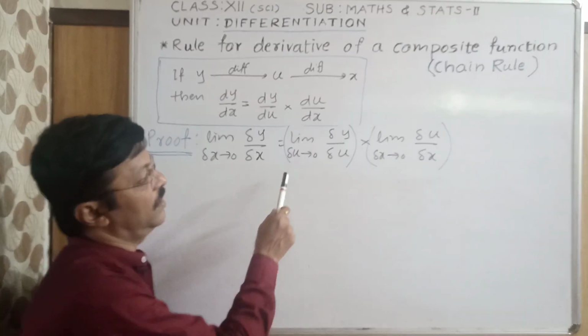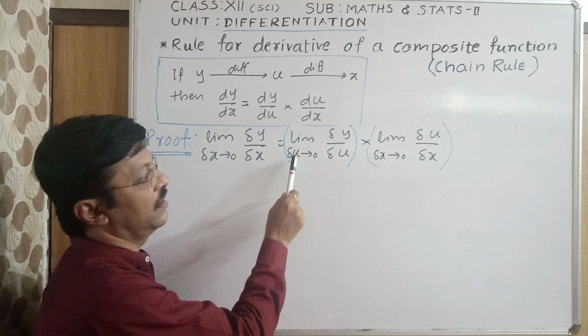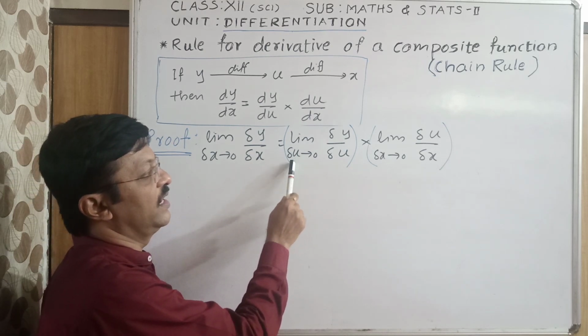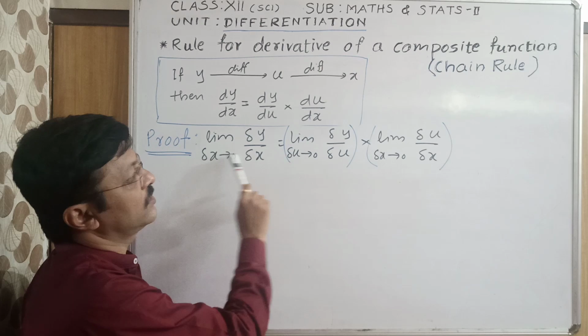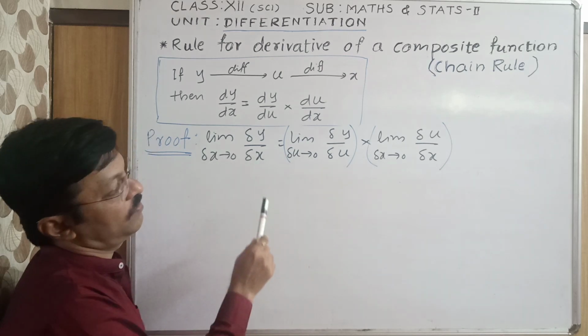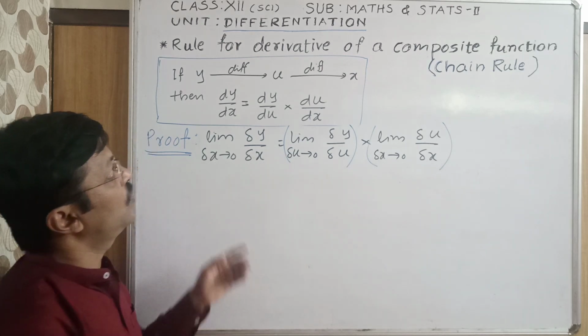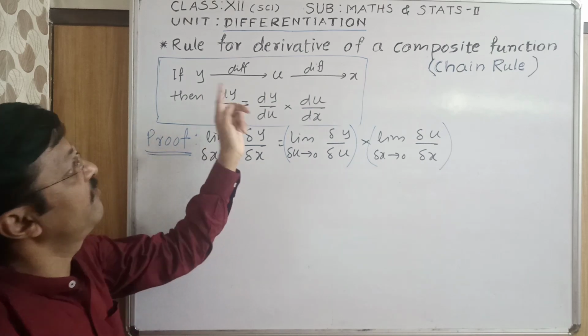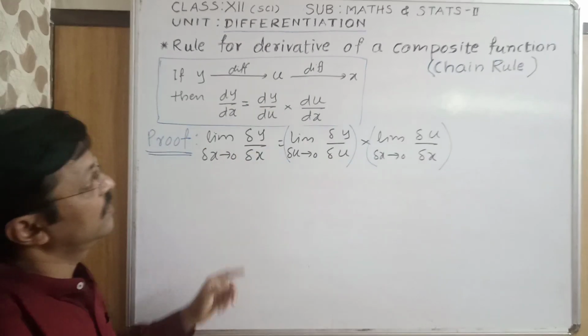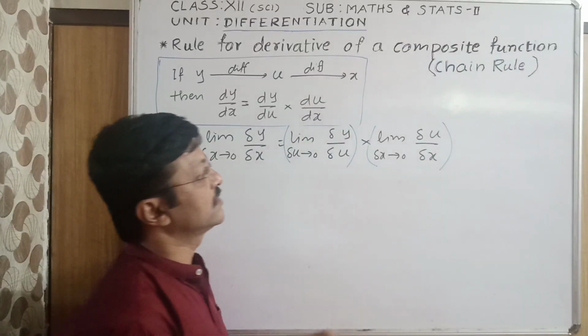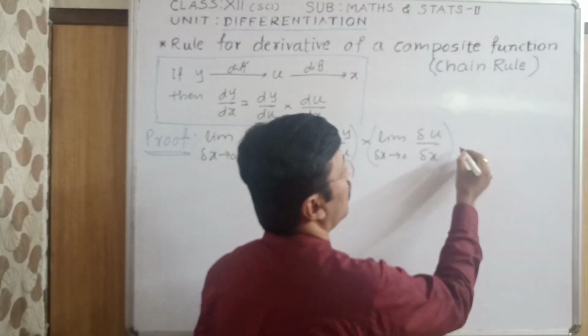So far, by making a change here, delta x tending to 0 replaced by delta u tending to 0, I have got this step. Now we shall make use of y being a differentiable function of u and u being a differentiable function of x. Before that, I will give number 1 to this statement.